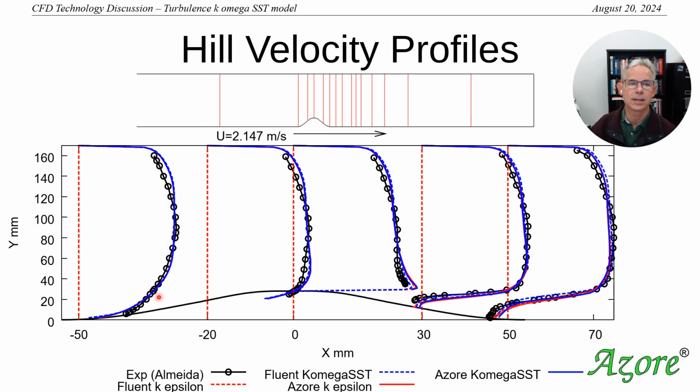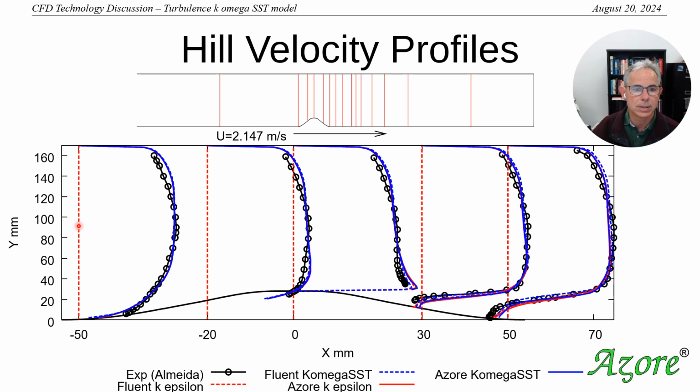Here we're looking at the experimental data in this area, right as it passes over the hill. And you can see the geometry of the hill put in here for reference along with the experimental data. And it follows the same theme where there are multiple data sets on here. So this line right here represents this line right here.